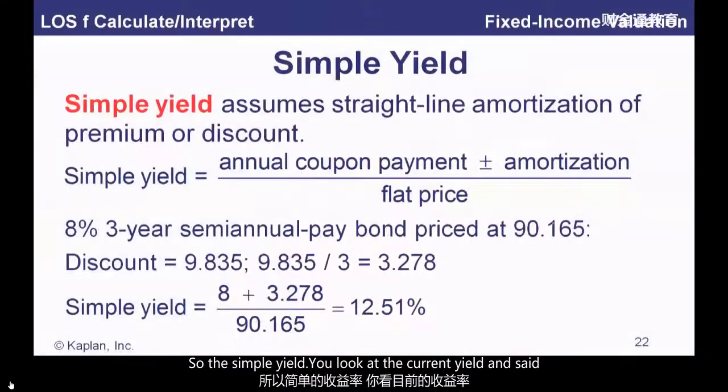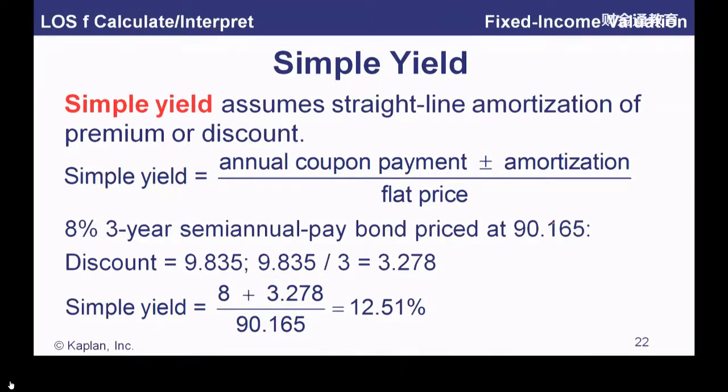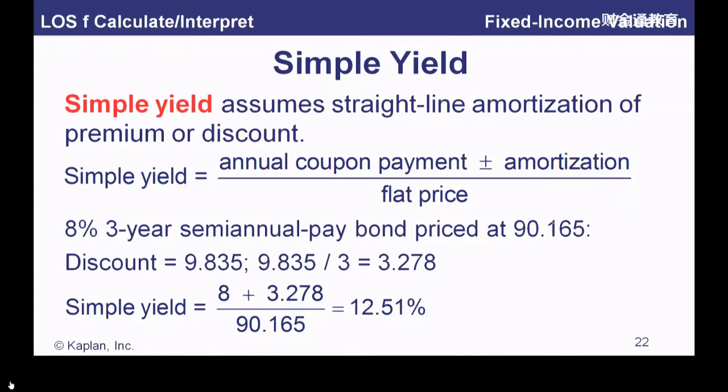So the simple yield, they looked at the current yield and said, you know, we got to do something about that movement toward par value, get a little bit better measure here. So with the simple yield, we're going to take the annual coupon and we're going to calculate an annual amortization.